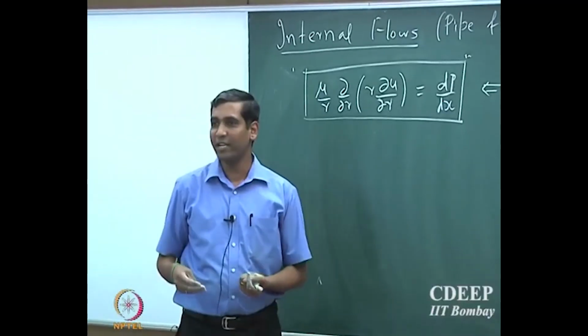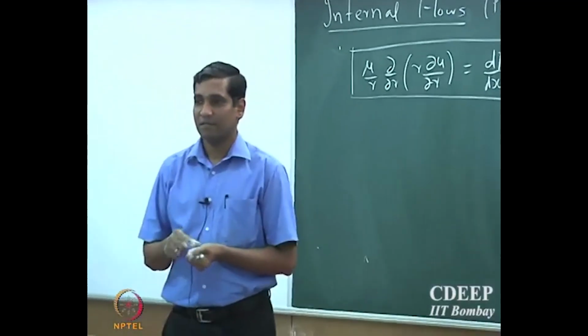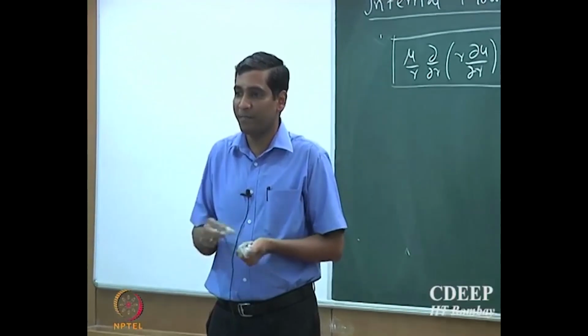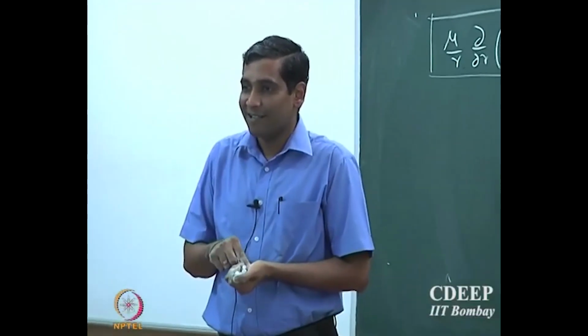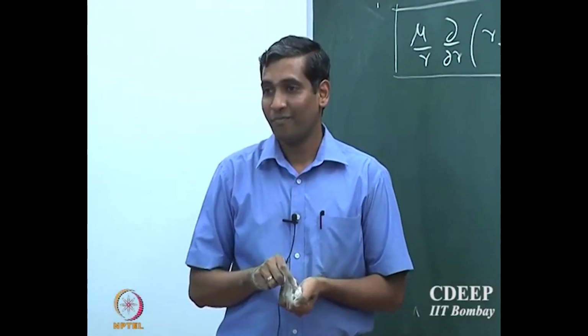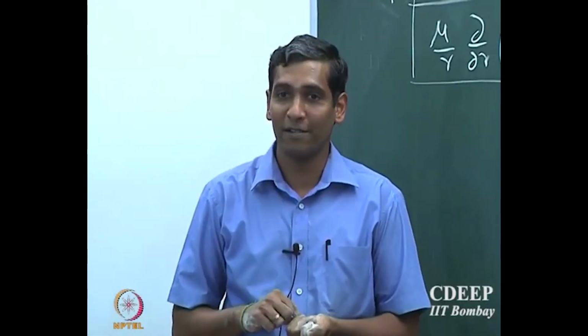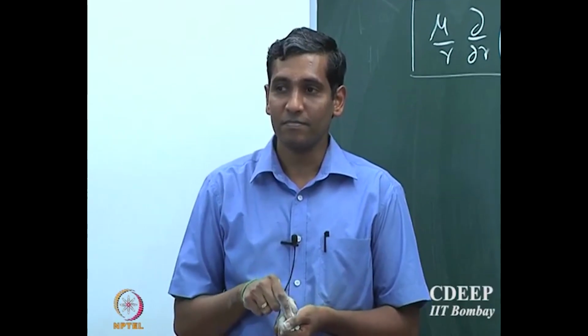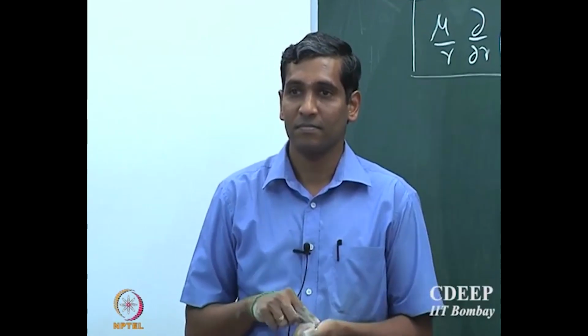How do we find the pressure gradient? Is it a measurable quantity? Yes. How? We want the pressure gradient in the fully developed regime. So how do we find the pressure gradient? How many of you have heard of the friction factor?